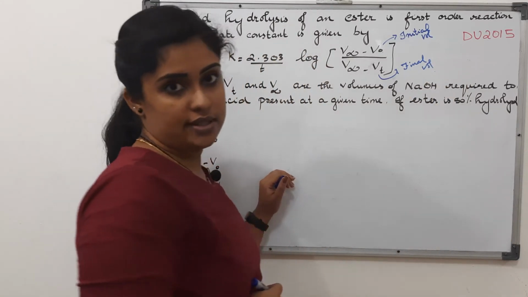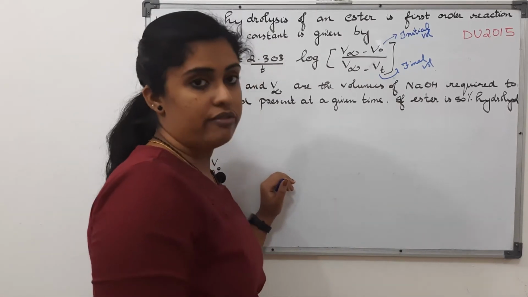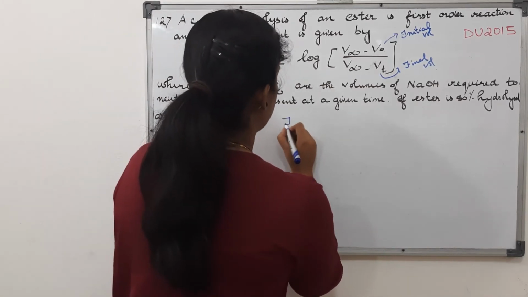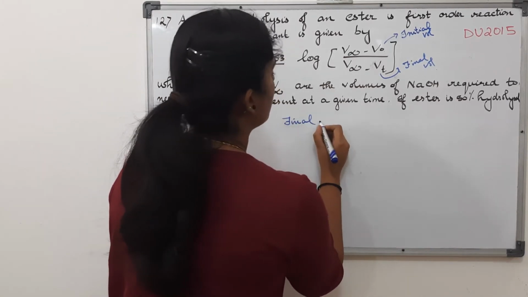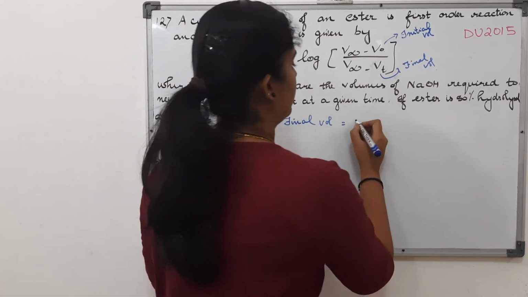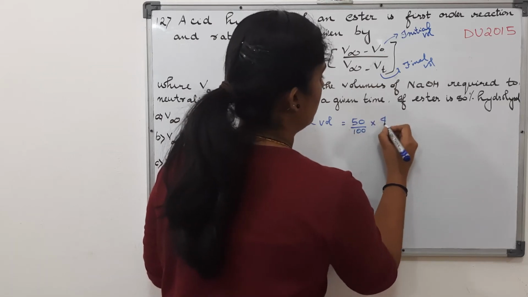What have they told? Ester is 50% hydrolyzed. So what happens when something is 50% hydrolyzed? Now 50% is remaining. So my final volume would be 50% of the initial volume, so it's 50 by 100 into initial volume.